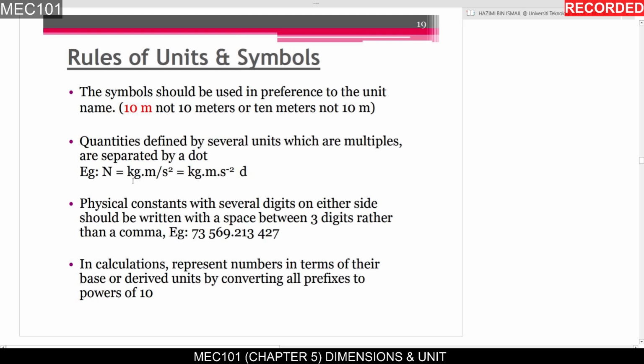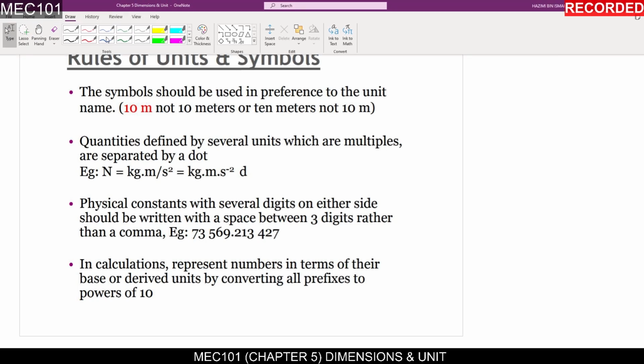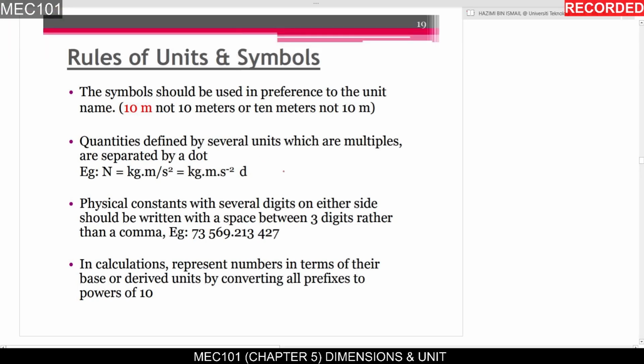Okay, this is a rule that is rarely used in our daily habits, because sometimes during our tests or your assignments, I also write kilogram, meter per second like this.